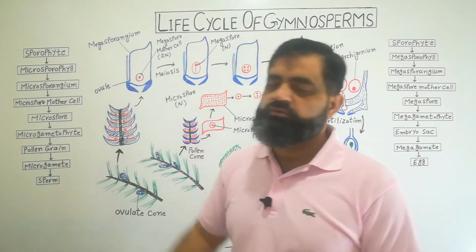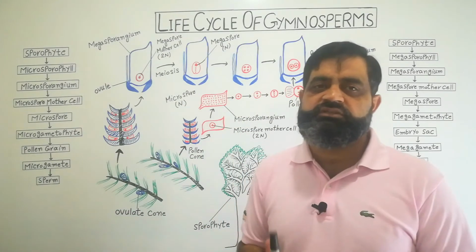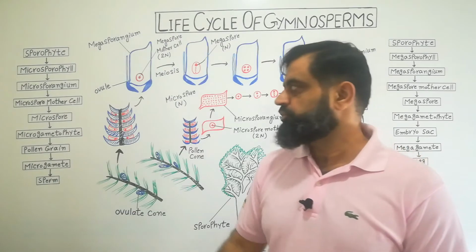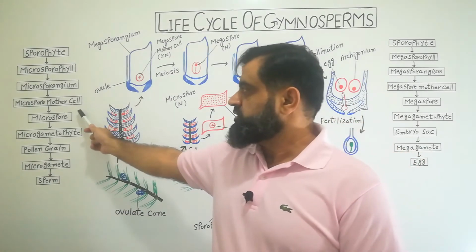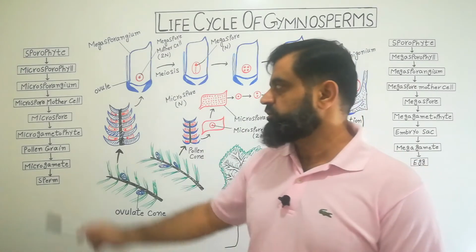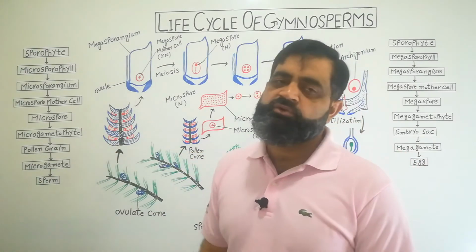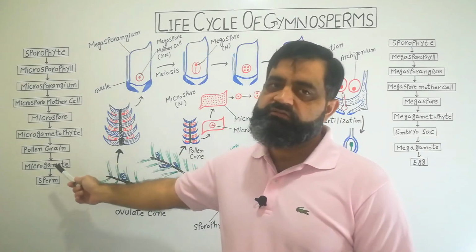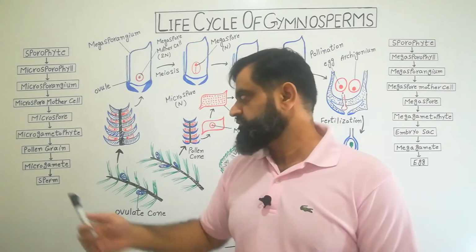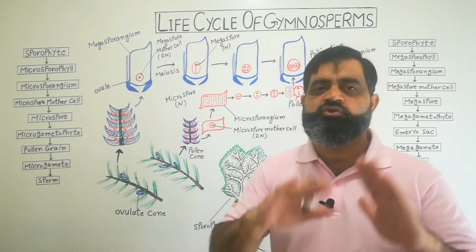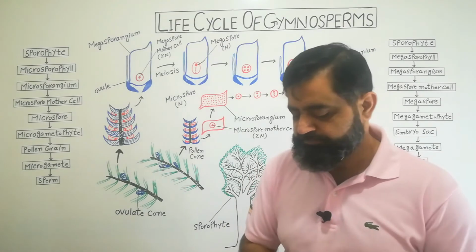Microsporangia contain microspore mother cells which are diploid, which are going to undergo meiosis and produce microspores. After meiosis, the microspore mother cell produces microspores in large amounts. Microspores germinate to produce the microgametophyte. The microgametophyte is a pollen grain which contains the pollen tube nucleus and sperms, which are also known as microgametes. So in this way, this whole process can easily be understood.